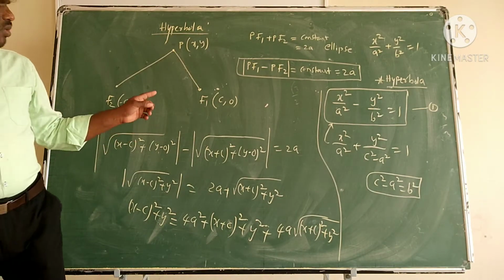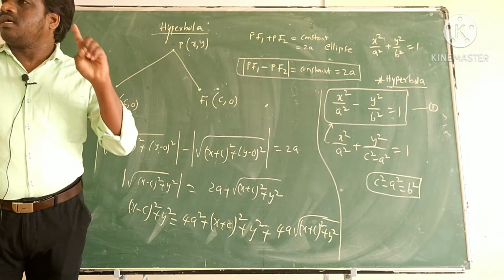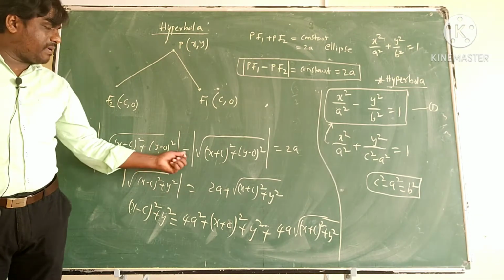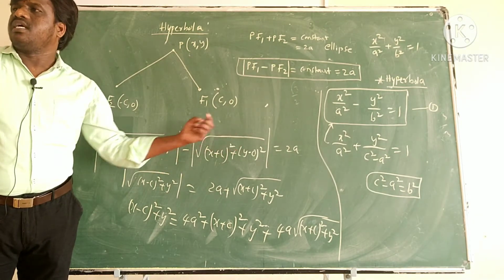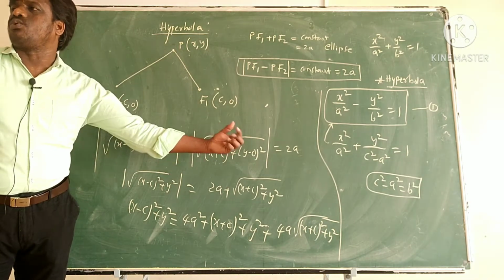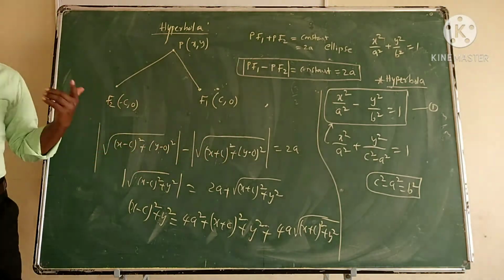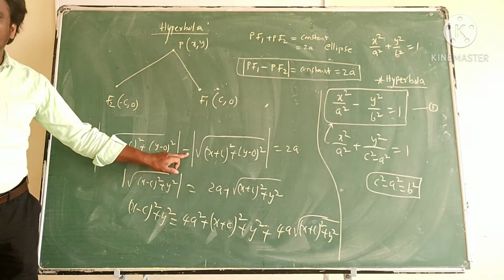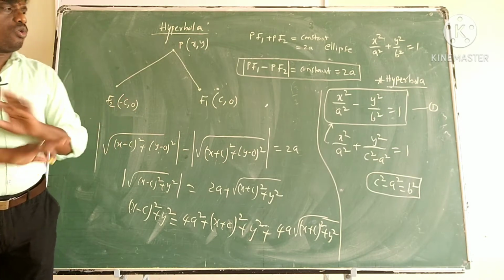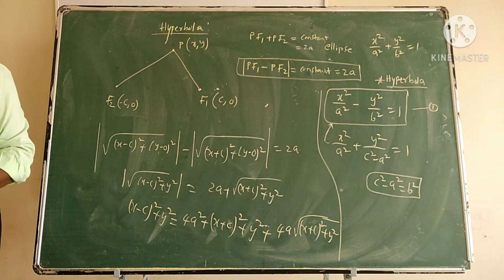Only here, in the formula there, I used a plus symbol. You know, PF1 plus PF2 is equal to 2a. Here I am using PF1 minus PF2 is equal to 2a. So the proof will be the same. Only because of this minus, the sign will change. Whole proof will be the same as it is.